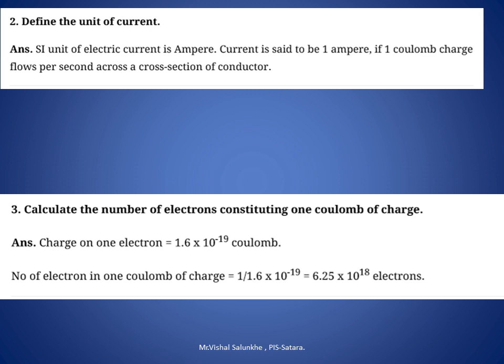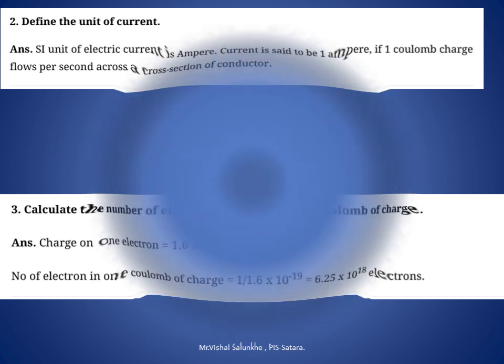So the number of electrons in 1 coulomb of charge is equal to 1 divided by the charge on 1 electron, that is 1 divided by 1.6 into 10 raised to minus 19. So the answer will be 6.25 into 10 raised to 18 electrons. So my dear student, 1 coulomb charge contains 6.25 into 10 raised to 18 electrons.